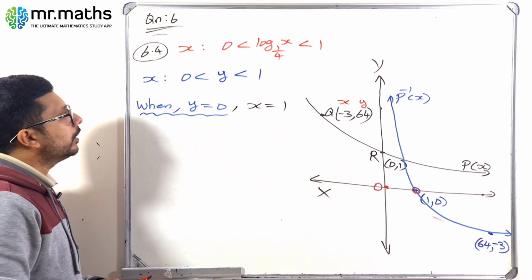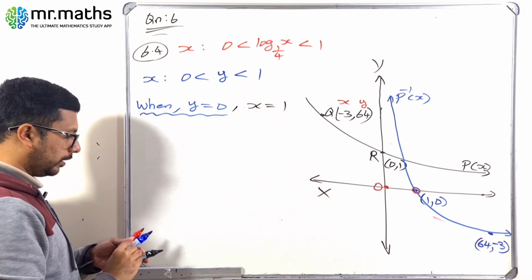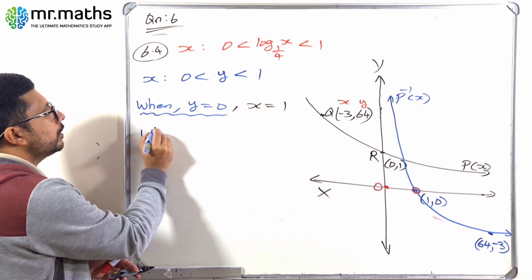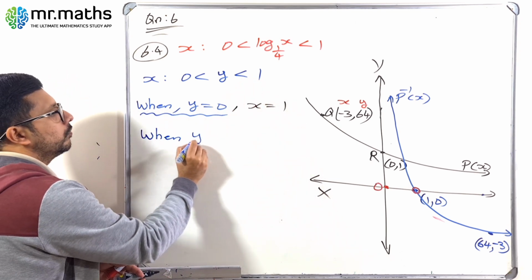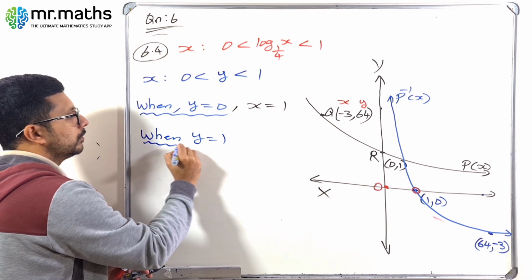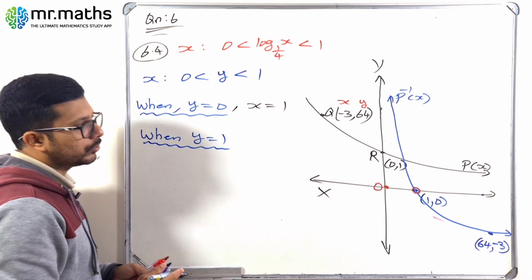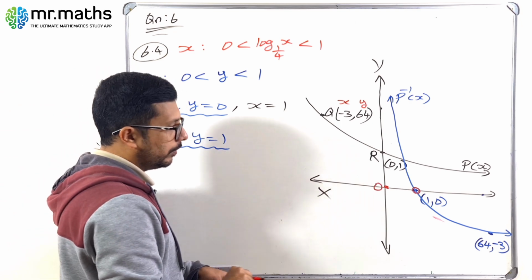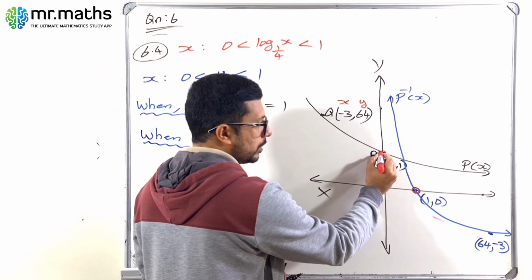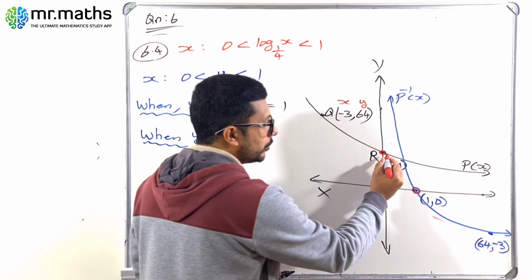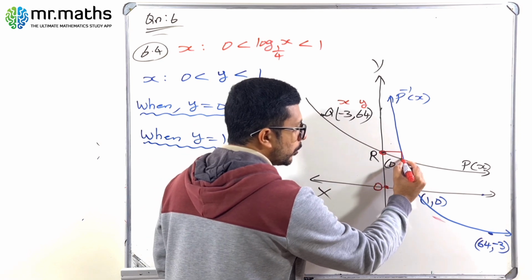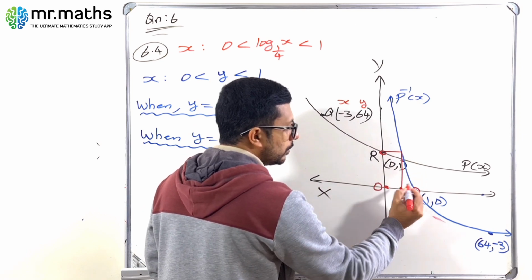Okay, then when y is equal to 1, what is the corresponding x value that you have to find? Look at this one. Where is y1? This is y1. Am I right? You have to find what is the corresponding x value here.